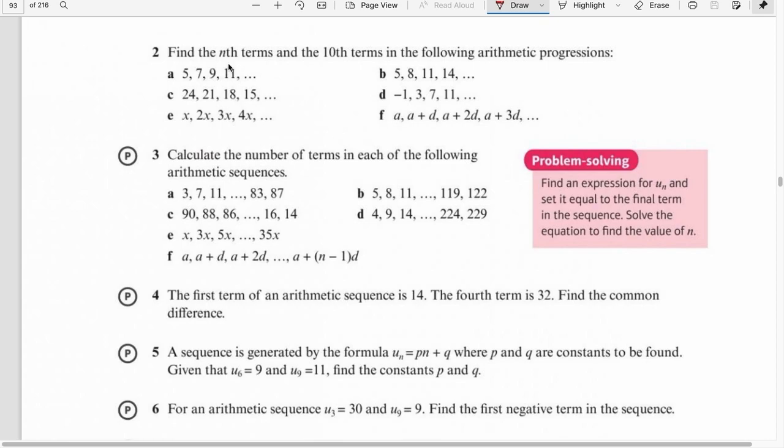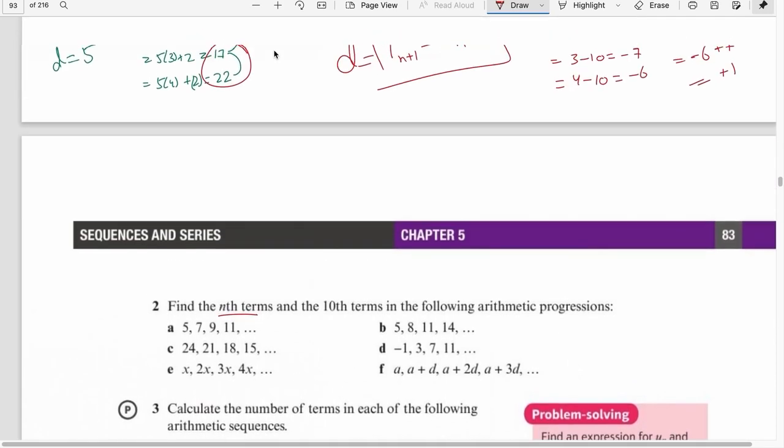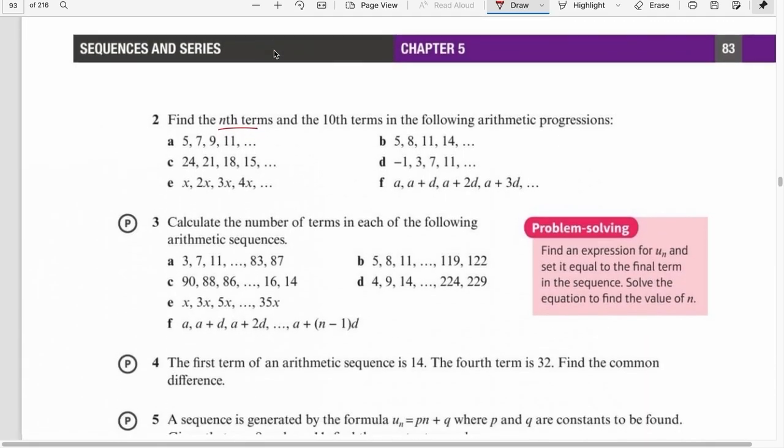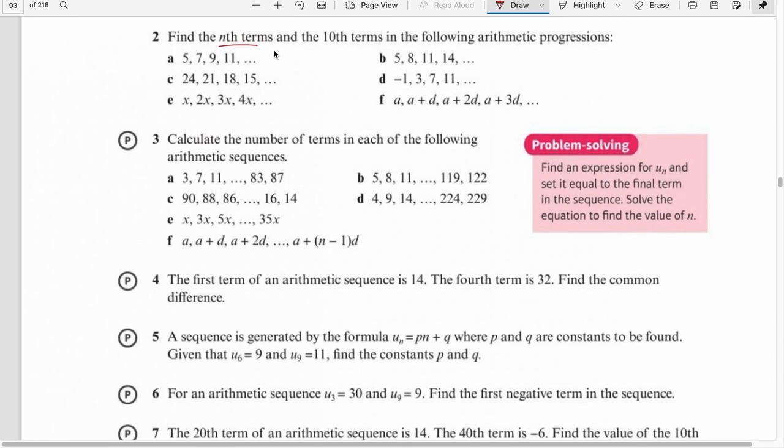Question number 2. Find the nth term. In question 1, the formula was already there. Now this question requires us to find the formula and the 10th term in the sequence of arithmetic progression. So when I look at this, it is 5, 7, 9, 11. So first term plus n minus 1 into d, the difference, I can see the difference is 2.